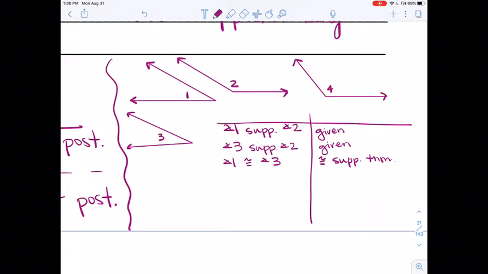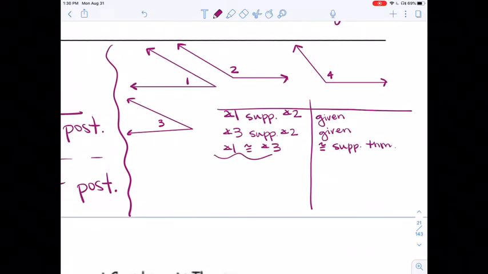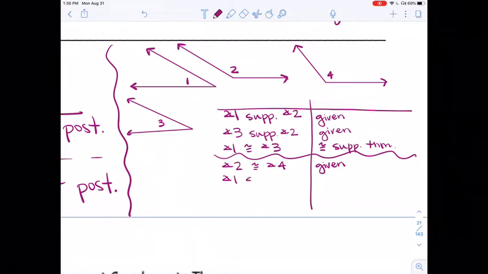I could also say the same thing if I want to bring in angle number 4. So maybe we have angle 2 is congruent to angle 4, and that's given. And we have that angle 1 is supplementary to angle 2, and that's given.